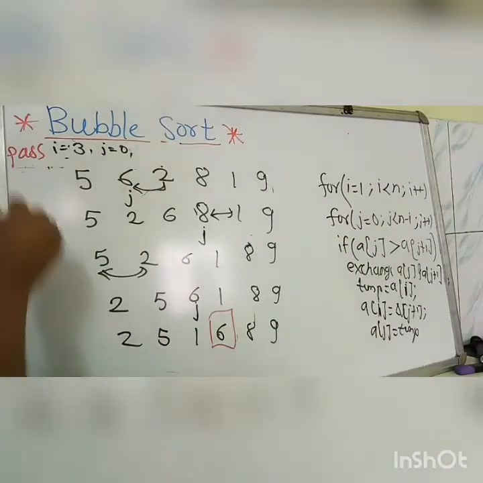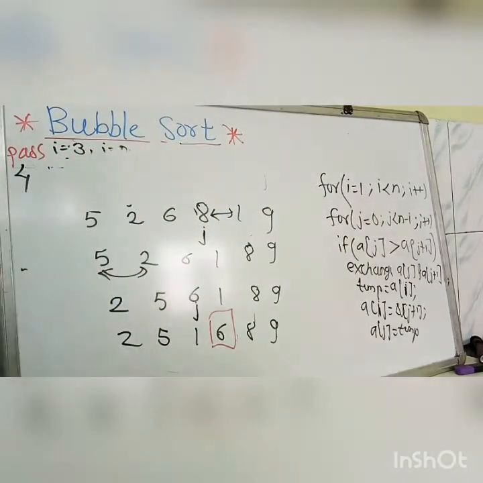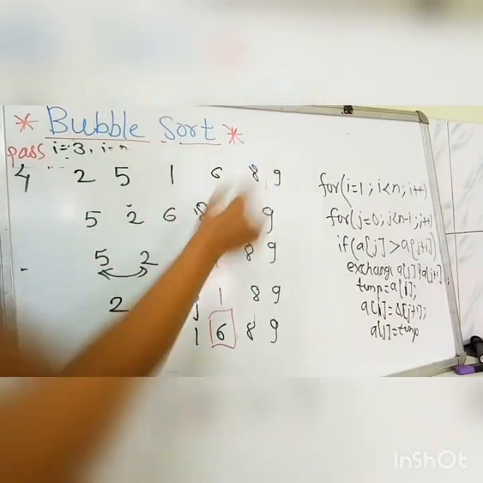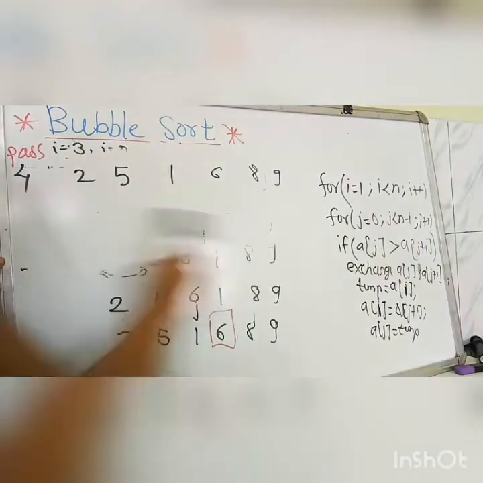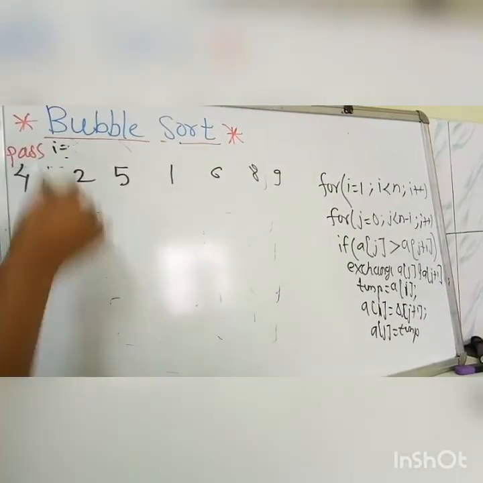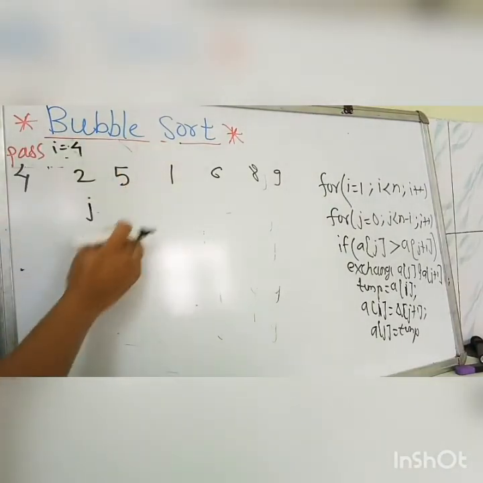Now we will see the fourth pass, taking the elements as 2, 5, 1, 6, 8, 9. Now I was at the third position. Now I becomes 4. J starts from here. Is 2 greater than 5?